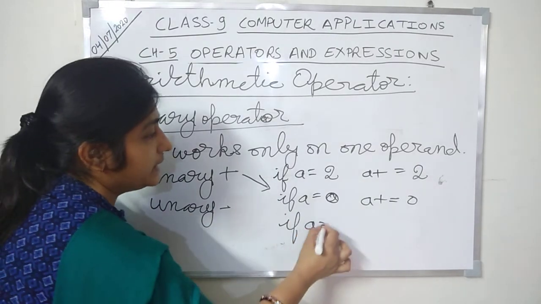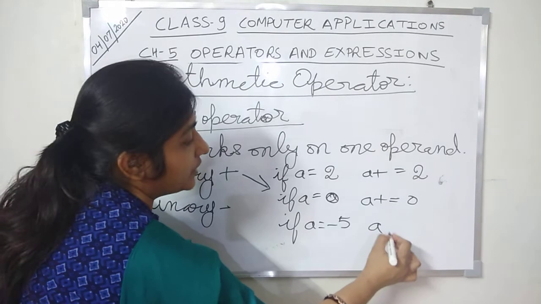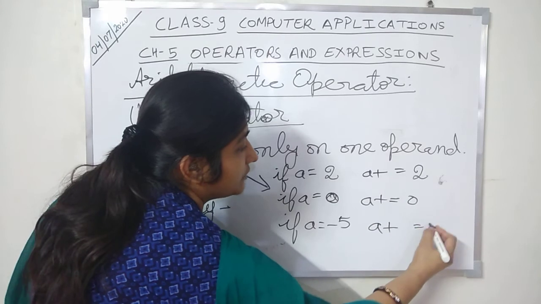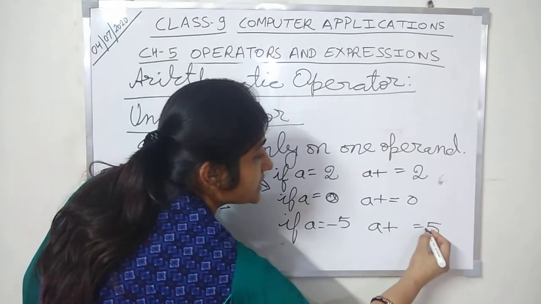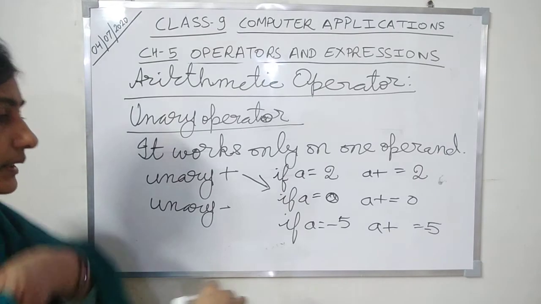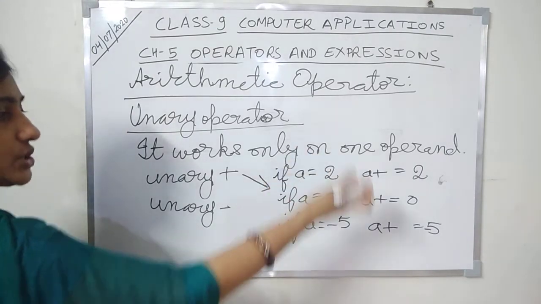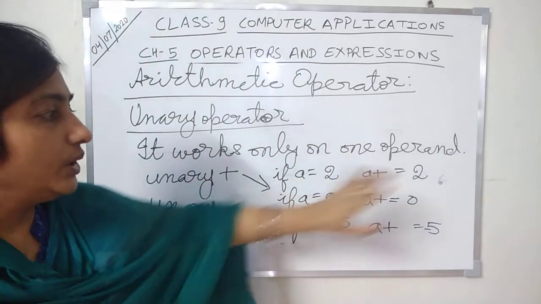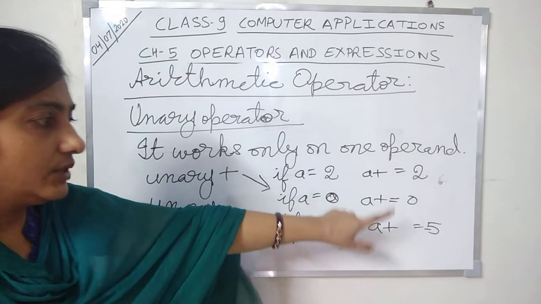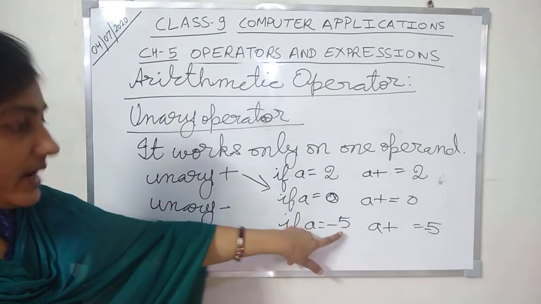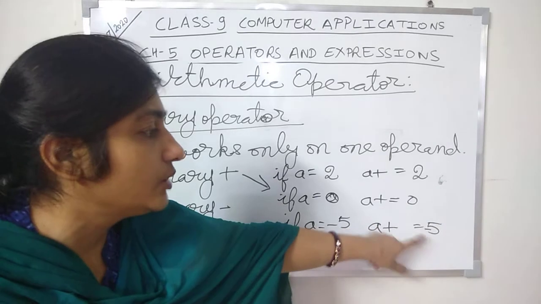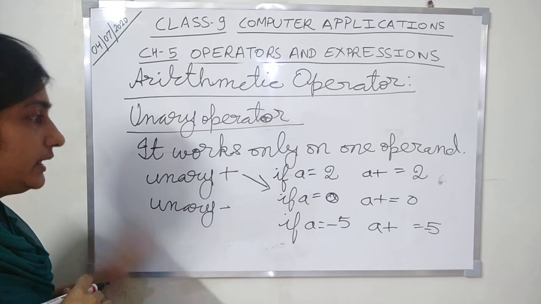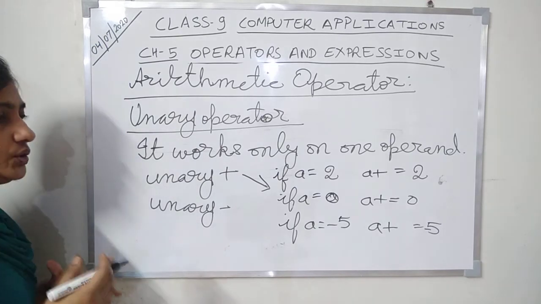If A is equal to minus 5, then what will be the value of plus A? It will be minus 5. It means the value remains the original value, its sign will not be changed. But unary minus is just the opposite.